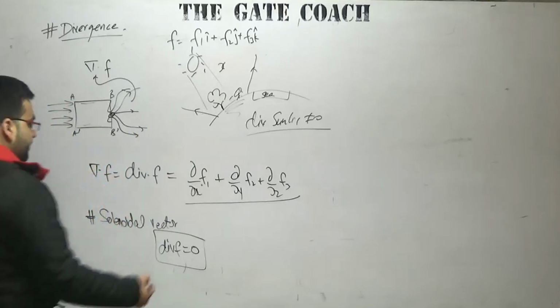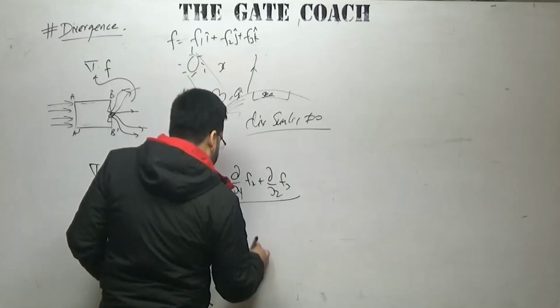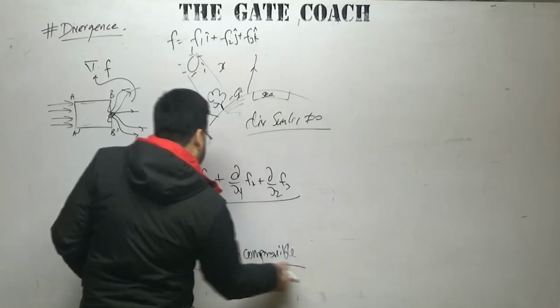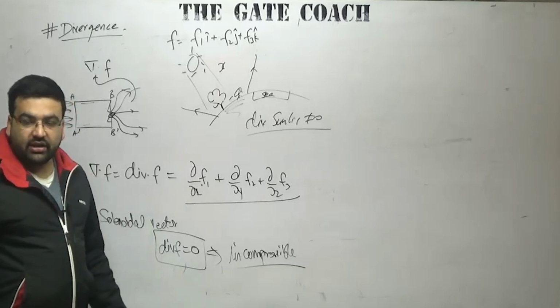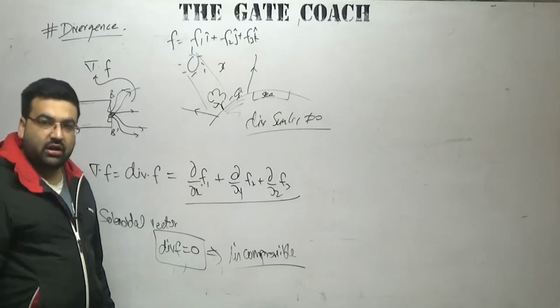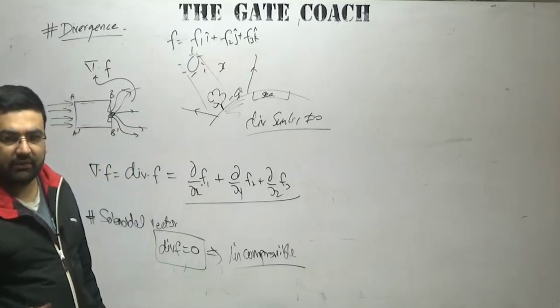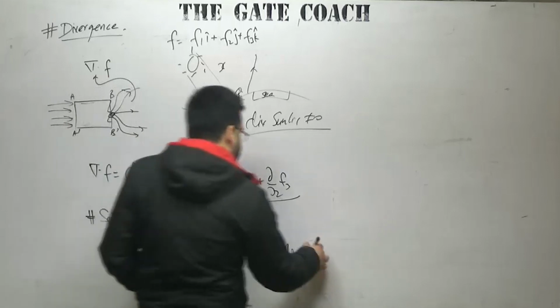So that type of vector is called a solenoidal vector. In fluid mechanics, we say that it is about the incompressible fluid. Recently I told you in the class that this has been asked in some GATE exam: a solenoidal vector is called number 1 incompressible fluid, number 2 compressible fluid, number 3 something, number 4 something. The correct answer will be incompressible fluid in fluid mechanics.